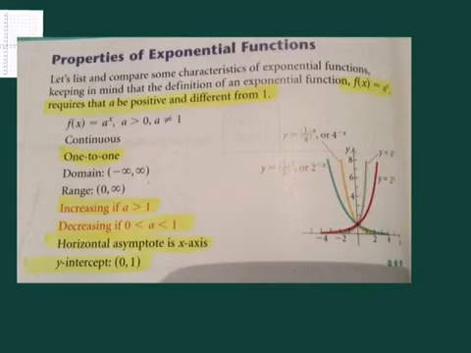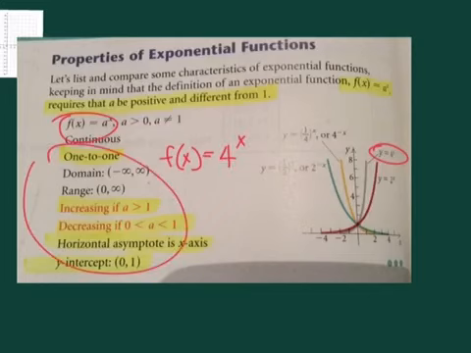Now, what we're going to do here in this next example is we're going to do something different to the general function. So if we have f of x equals, well, let's take that one, 4 to the x power. All of this is going to be true. What changes is, what if I do this?